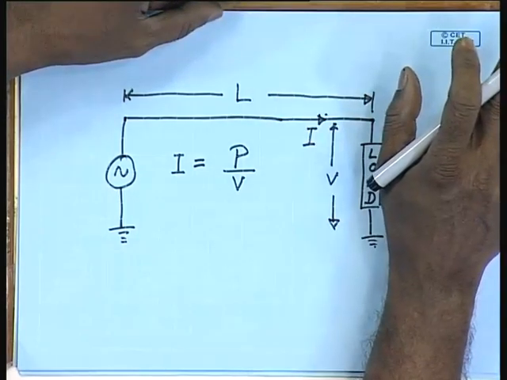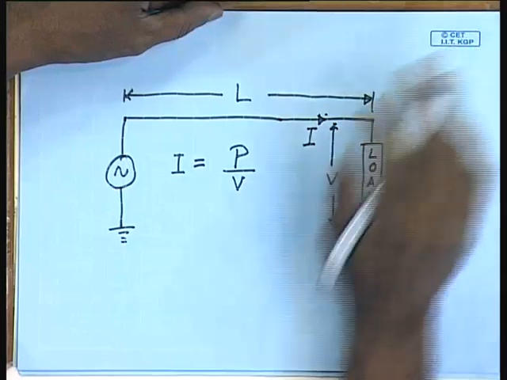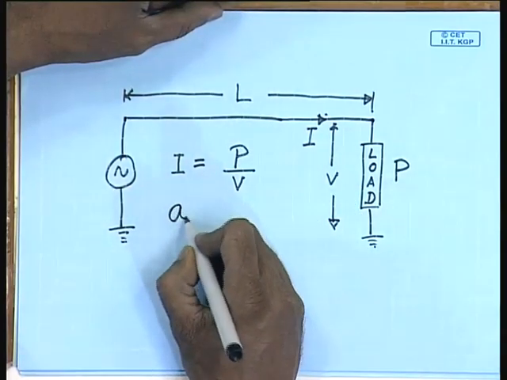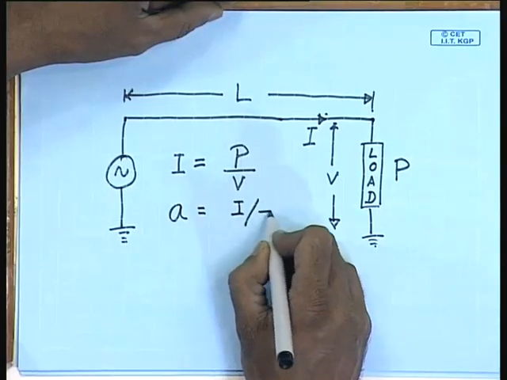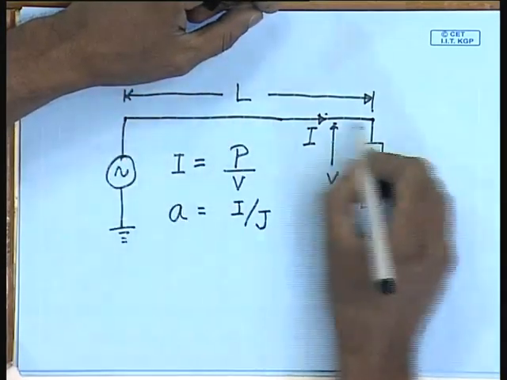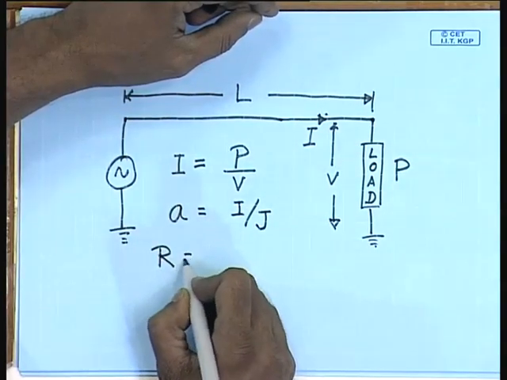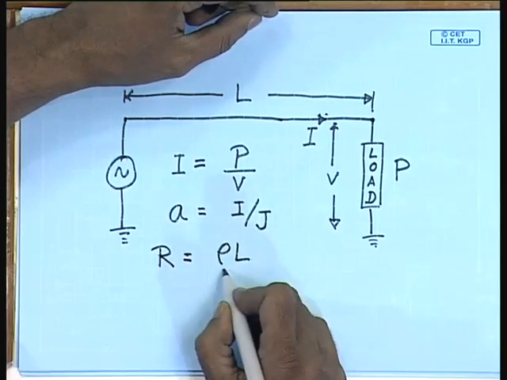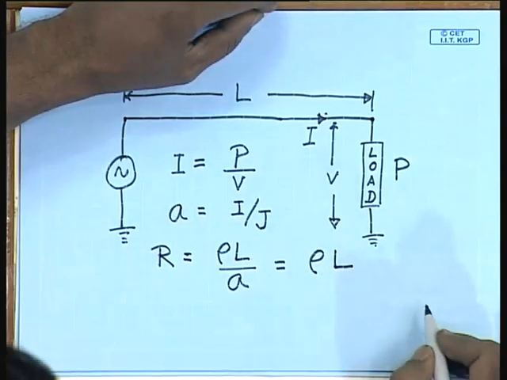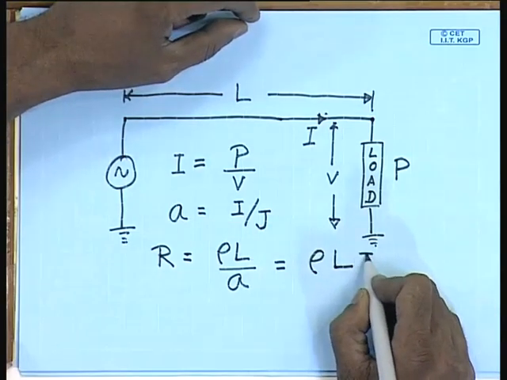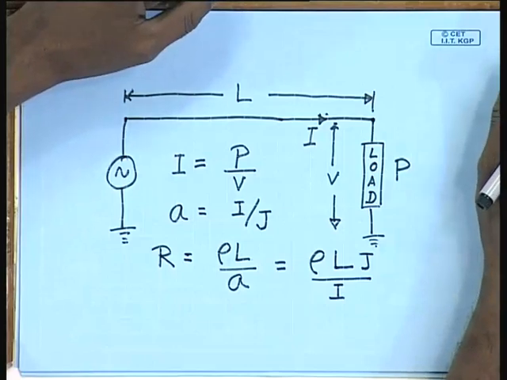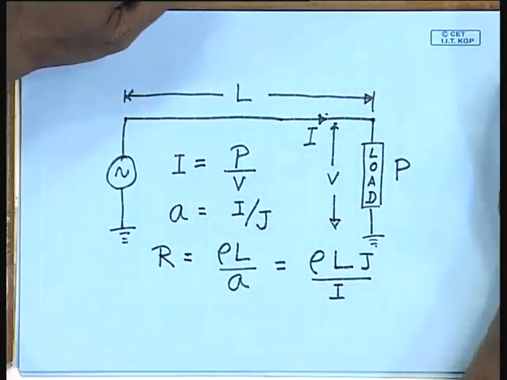Transmission lines are usually designed to operate at a constant current density J. Therefore, the cross sectional area of the conductor A will be equal to I by J. The resistance of the transmission line R then is given by rho L by A, which is equal to rho L J by I, where rho is the resistivity of the transmission line material, L is the length, and A is of course the cross sectional area.